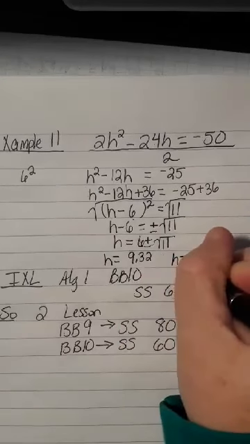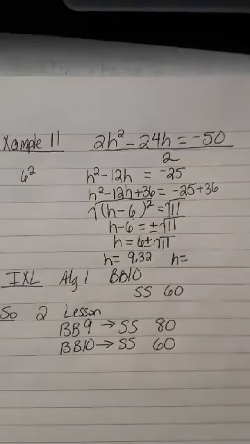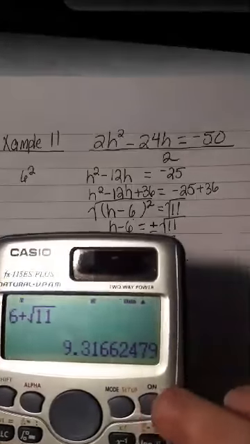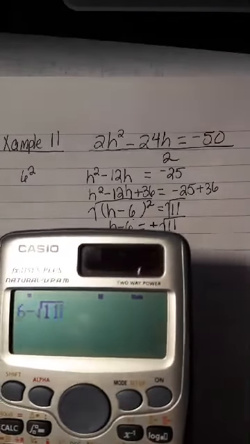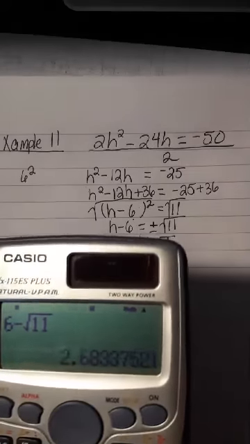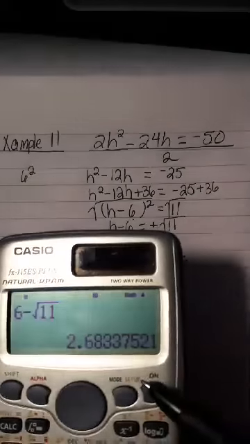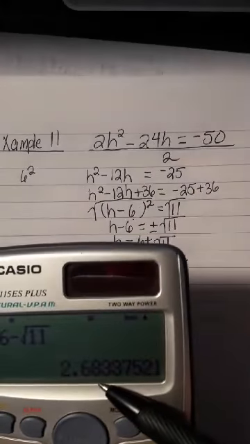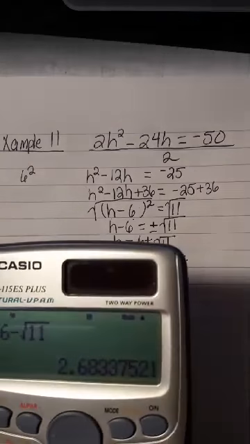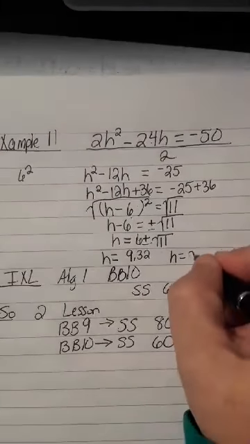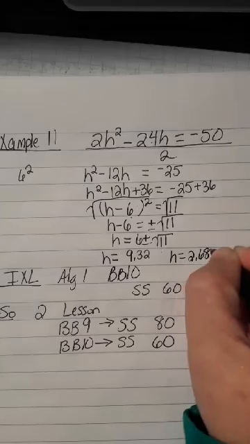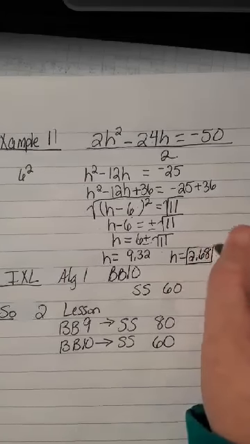And then you've got to do it again with 6 minus the square root of 11. Use your SD key, and that is 2.68. And it stays in 8 because that third number is a 3. So 2.68. And that's your two answers.